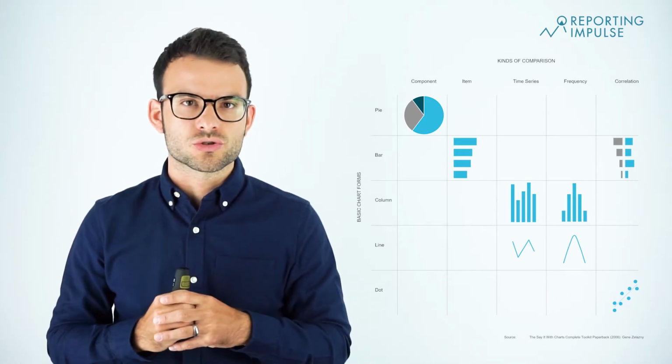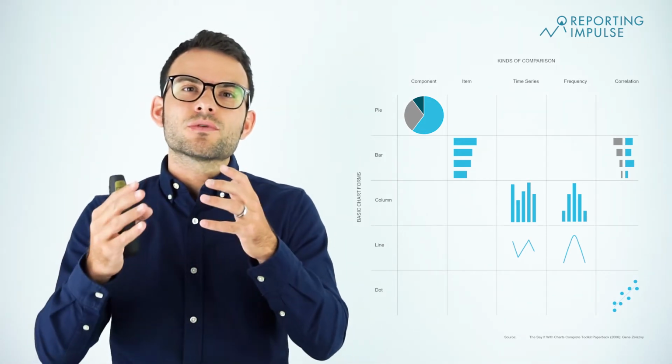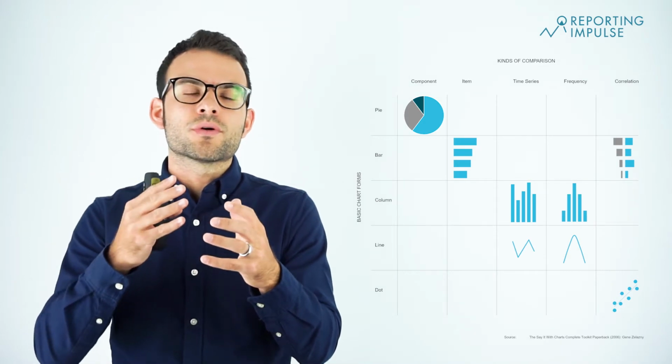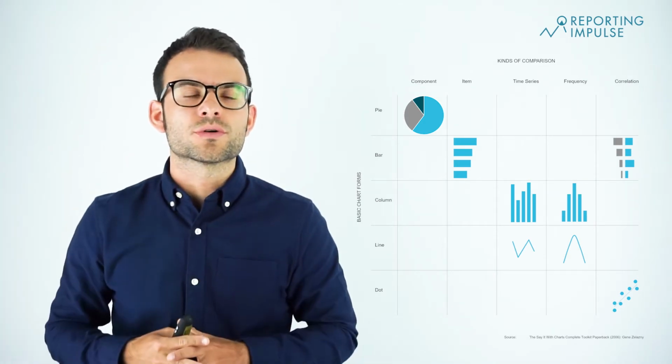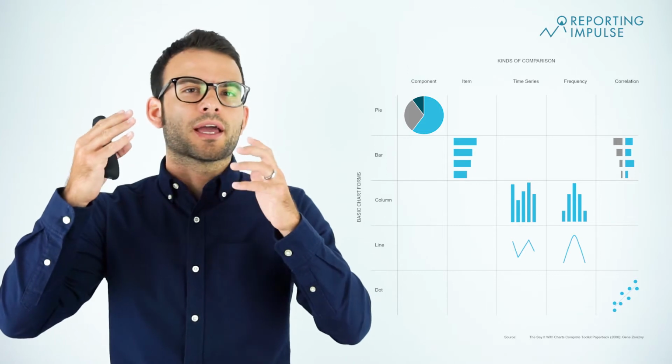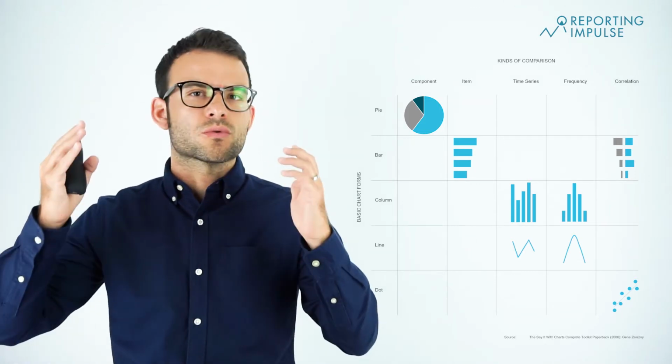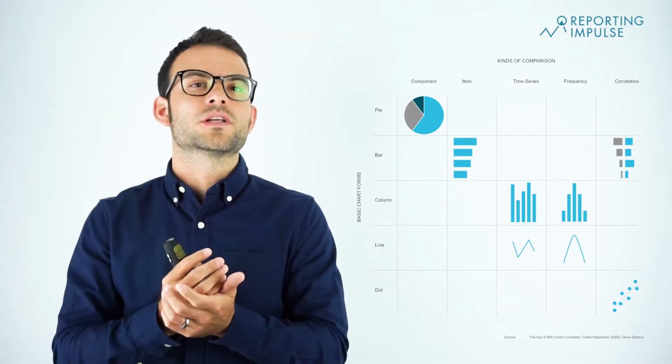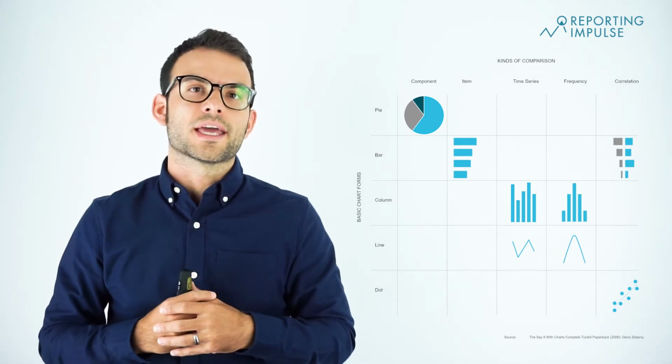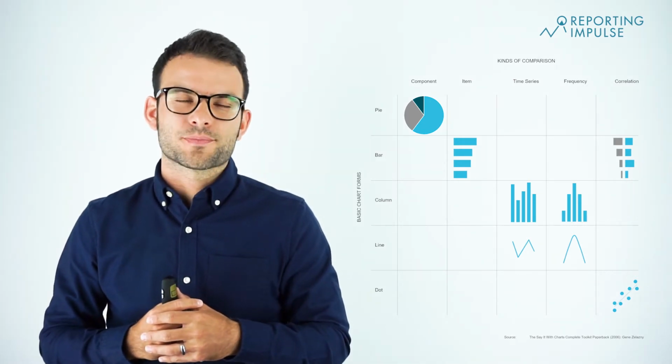This is really strong. However, if you'd like to compare items or structural comparisons among each other, like locations or products or whatever, it is really easy to do so in a bar chart.